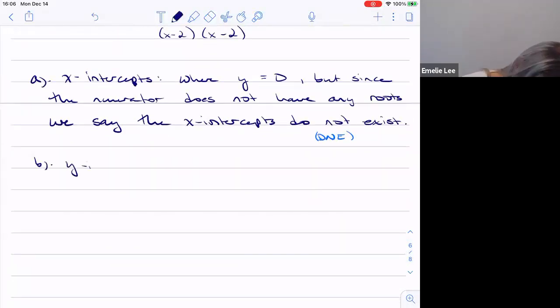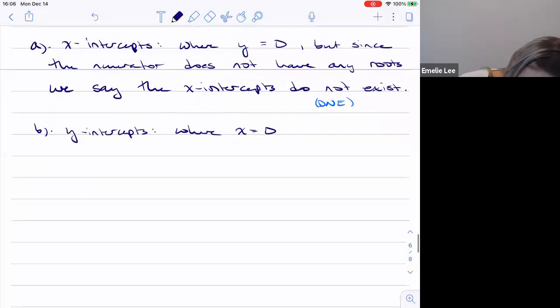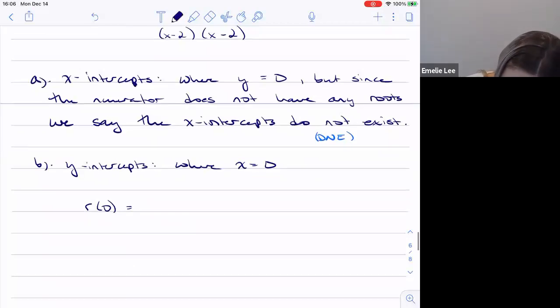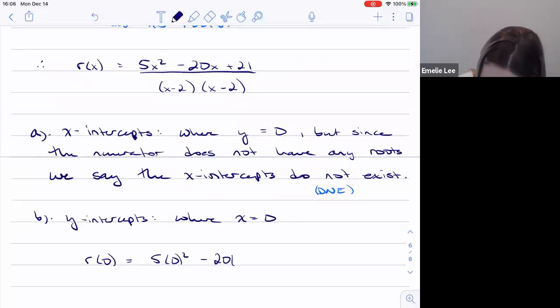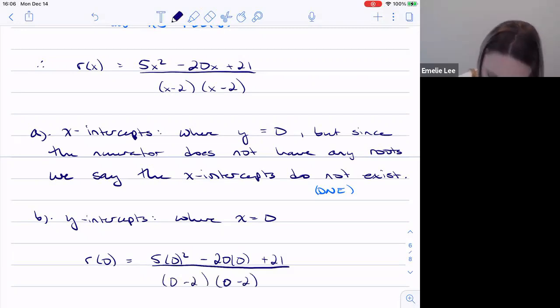So B, the y-intercept is where x is equal to 0. So r of 0 is 5 times 0 squared minus 20 times 0 plus 21 divided by 0 minus 2 times 0 minus 2.